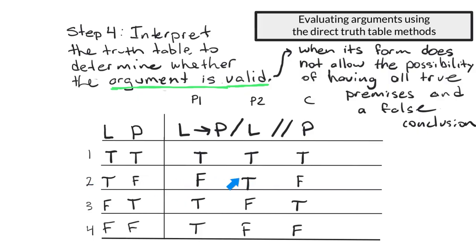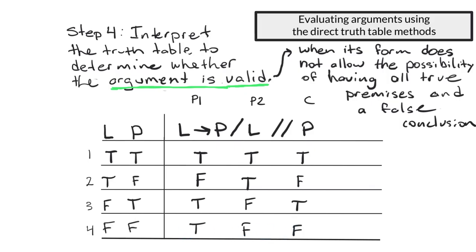So on this row, it cannot ever have the possibility of all true premises because the premises are not true. So row 2, everything looks fine. Row 3, premise 1 is true, premise 2 is false, and the conclusion true. Well, again, we don't have all true premises. So there's no possibility for at least the first 3 rows here to have all true premises and a false conclusion. And then row 4 also confirms this because we don't have all true premises. We do have a false conclusion, but we don't have all true premises.